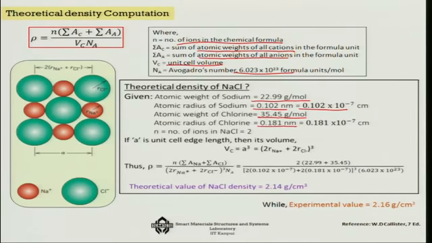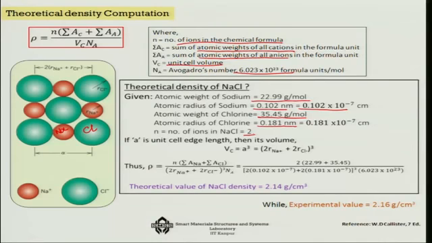As you can see here, the green ones are the chlorines, that is your 0.181 nanometer, and the orange ones are the sodiums. Now, the number of ions in NaCl is 2, Na plus and Cl minus, and if a is the unit cell edge length, then what is its volume?